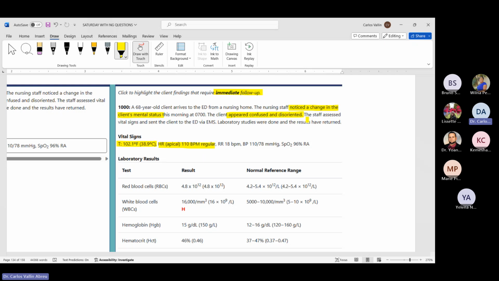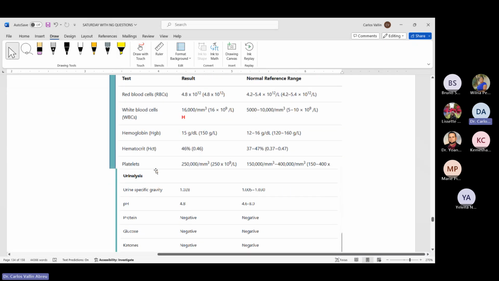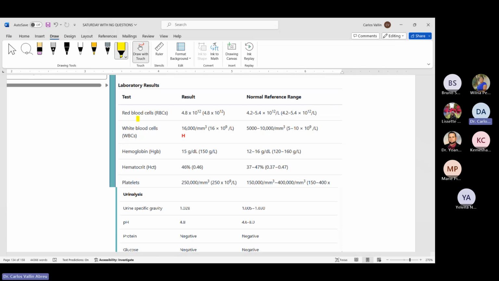So let's see what the laboratory results say. Red blood cells, 4.8 million, is okay. The white blood cells are increased. This guy has 16,000 white blood cells.